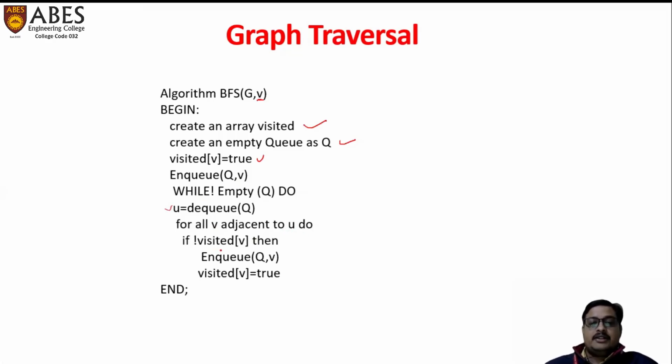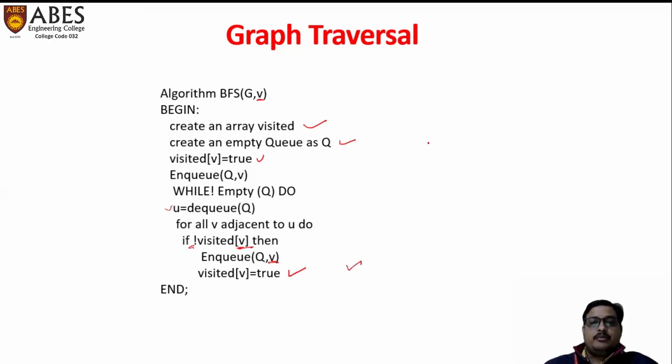We'll check whether this v is visited or not. If v is not visited, then enqueue, or we can say insert that v in the queue and mark this v as true. And now we'll do all this process repeatedly. So this is the algorithm for the BFS.